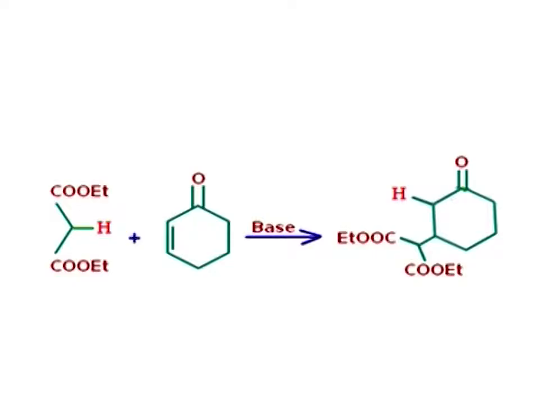For example, the addition of diethyl malonate to cyclohexenone in the presence of a base takes place by the initial addition of the carbanion formed by the removal of the acidic methylene hydrogen. Further, all addition reactions may take place not only at adjacent positions but also at 1,4 position.